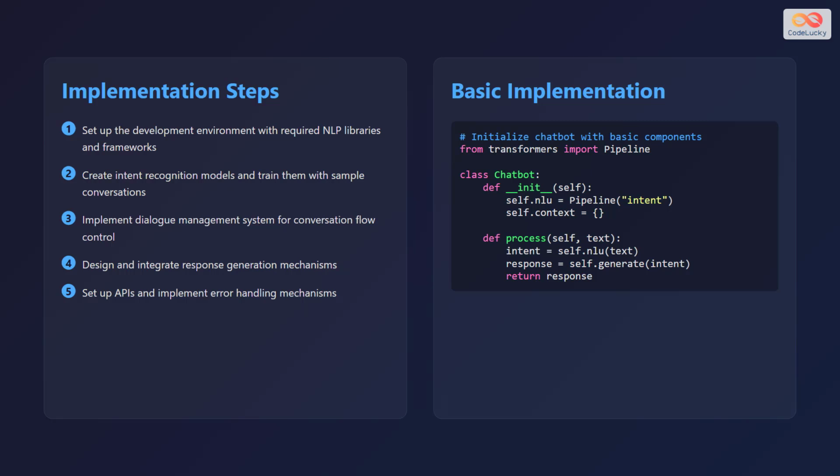After that, design and integrate response generation mechanisms. Finally, set up APIs and implement error handling mechanisms. The slide shows a code example that initializes a chatbot with basic components using transformers. The chatbot class includes an intent recognition pipeline and a method to process text and generate responses.